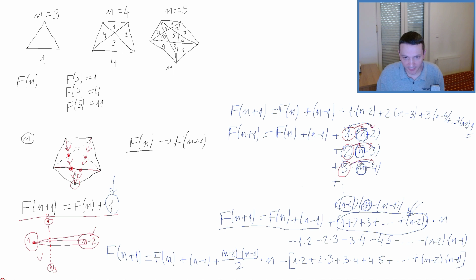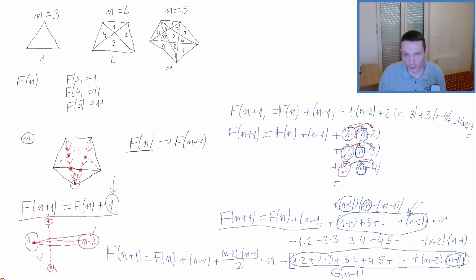So here we will have another such sum, and I will denote this sum like a function g of n minus 1. n minus 1 is the last number here, so I will denote with this n minus 1 as an argument of this function here. So this sum will be g of n minus 1.